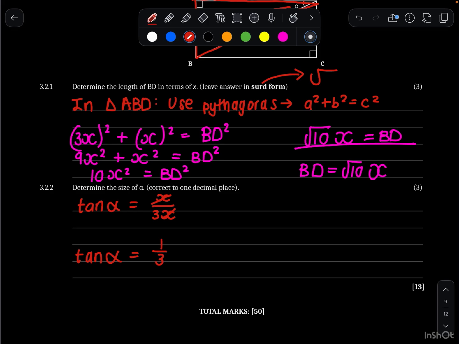And so we can then do the inverse tan and we just work that out.